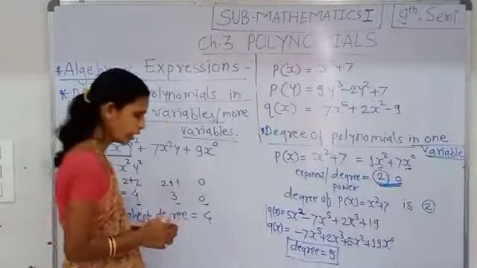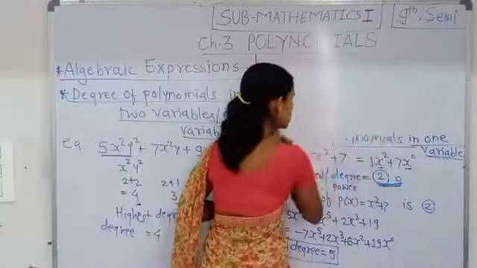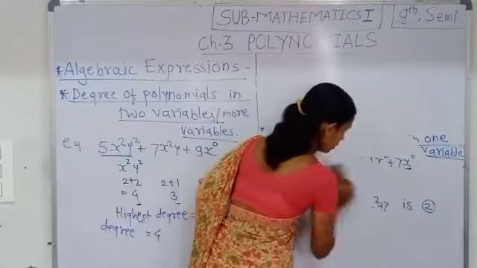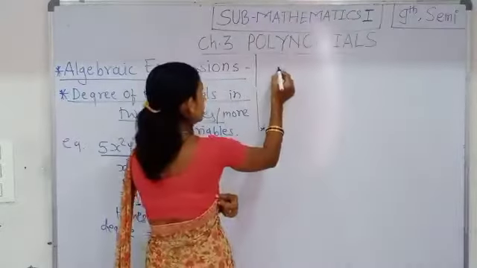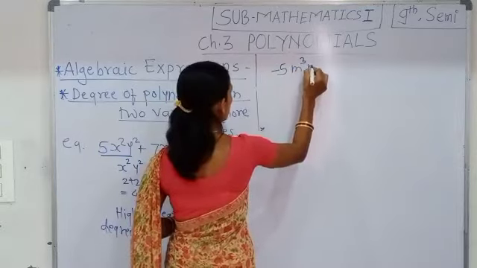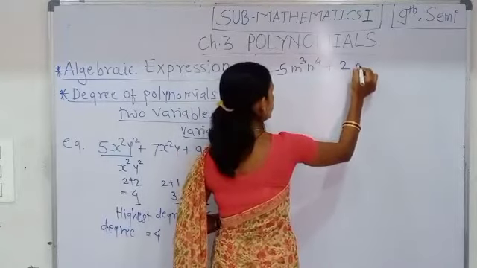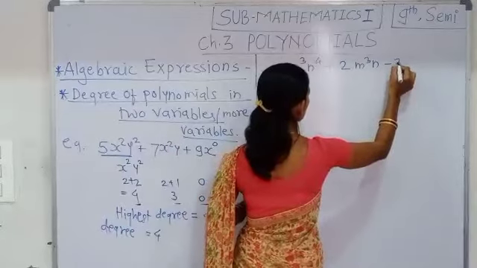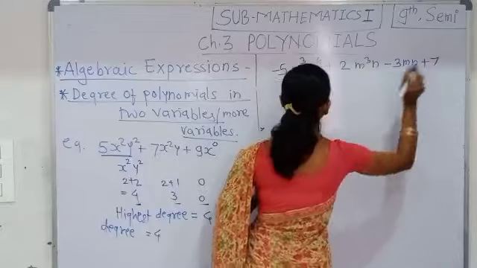One more example we will discuss here about the degree of a polynomial if more than one variable is there: minus 5m cube n raised to 4 plus 2m cube n minus 3mn plus 7.